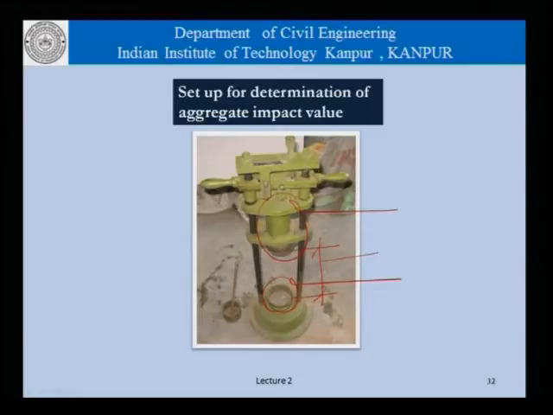So, once we release this plunger here, it comes and impacts the aggregates in this cylinder, and we take it back using these handles and drop the weight again, and that is repeated 15 times, and we try to powder the aggregates which are here. The edges break, the amount of powder generated is measured, and we get the aggregate impact value.